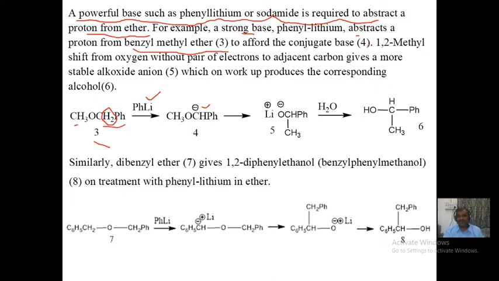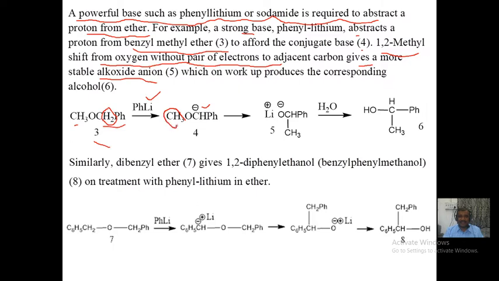This is the conjugate base of the starting material, structure number 4. Now a 1,2-methyl shift from oxygen without a pair of electrons to the adjacent carbon atom gives a more stable alkoxide anion, friend.